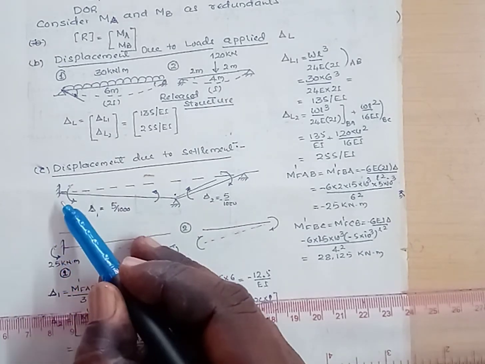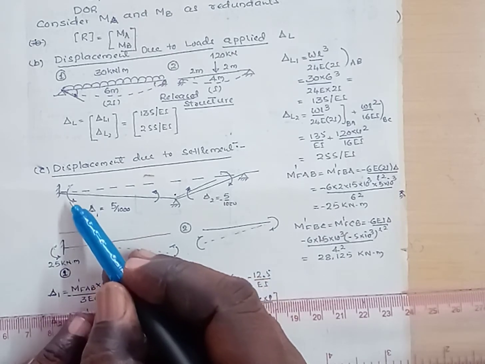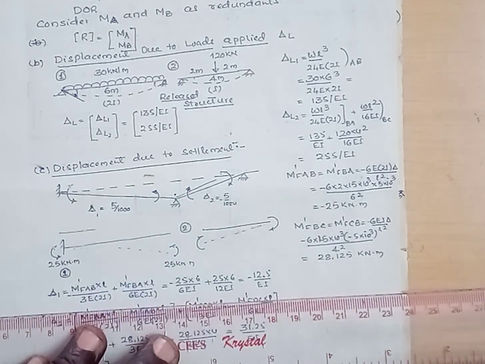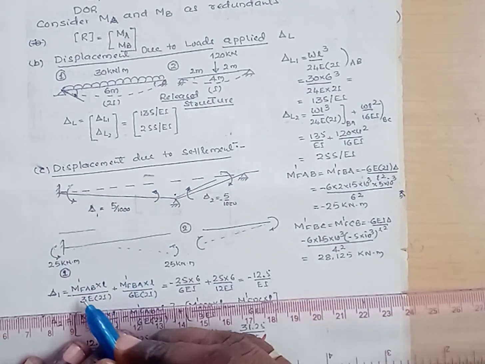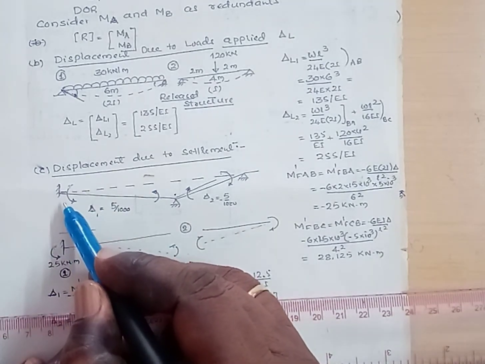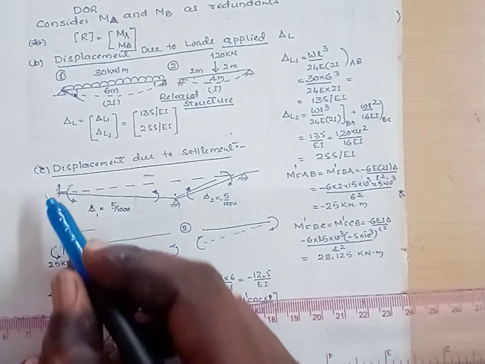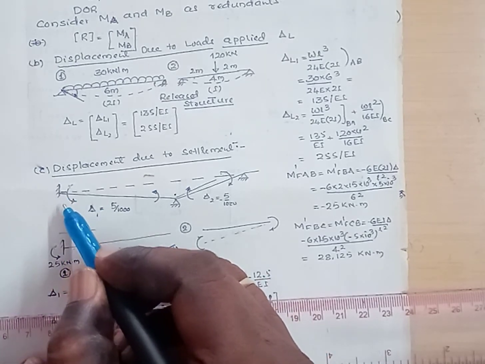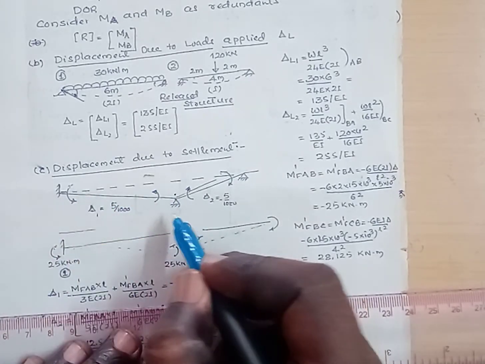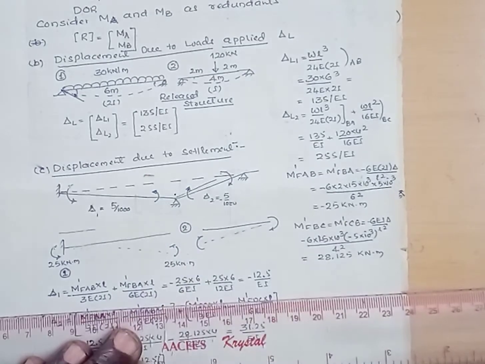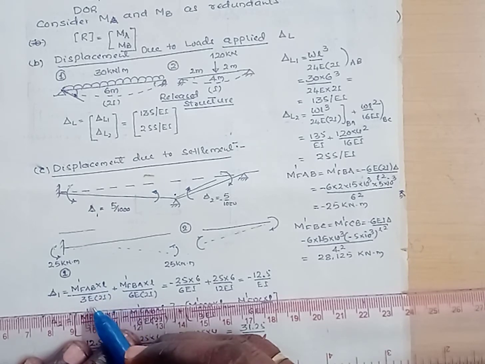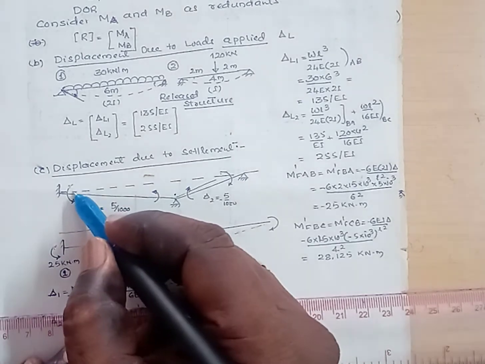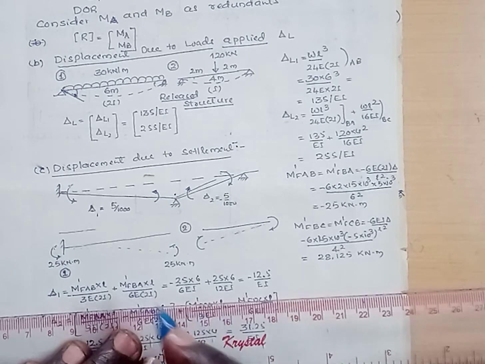For delta 1, the displacement at coordinate 1, there is a hogging moment at A and a sagging moment at B due to the settlement. The first is M dash f ab into L divided by 3E, moment of inertia 2I; the moment is sagging, hence that is negative.